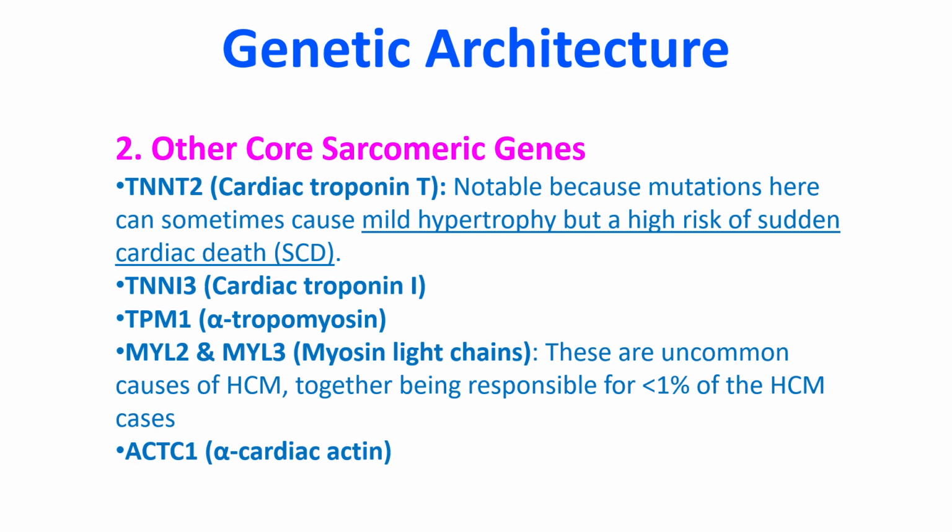TNNT2, cardiac troponin T. Notable because mutations here can sometimes cause mild hypertrophy but a high risk of sudden cardiac death. TNNI3, cardiac troponin I mutations, TPM1, alpha tropomyosin, ACTC1, alpha cardiac actin, are all other cardiac sarcomeric genes.